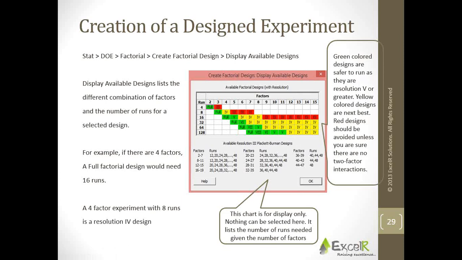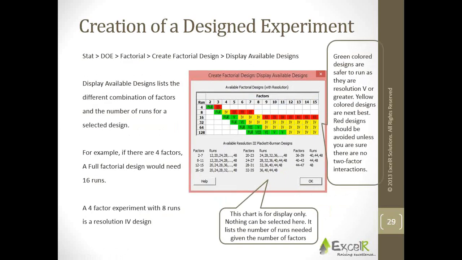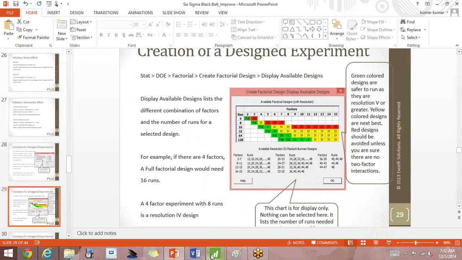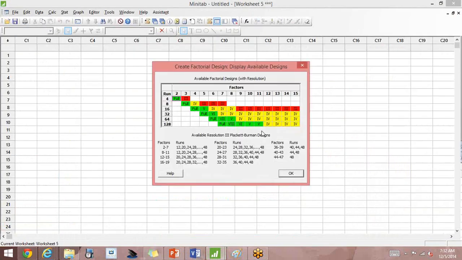This chart is mainly for your understanding only. Nothing can be selected here. It just tells you how many runs are needed for the number of factors that you're selecting. If I have two factors, then I need 4 runs, full runs.